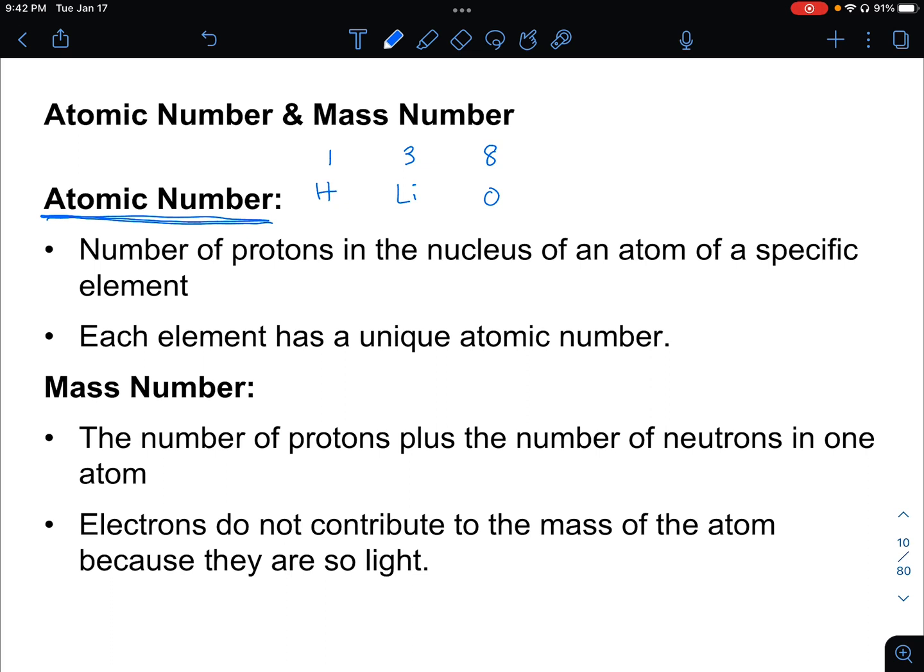So what is the atomic number defined by? This is the number of protons in the nucleus of an atom of a specific element. So the atomic number is defined by the number of protons.